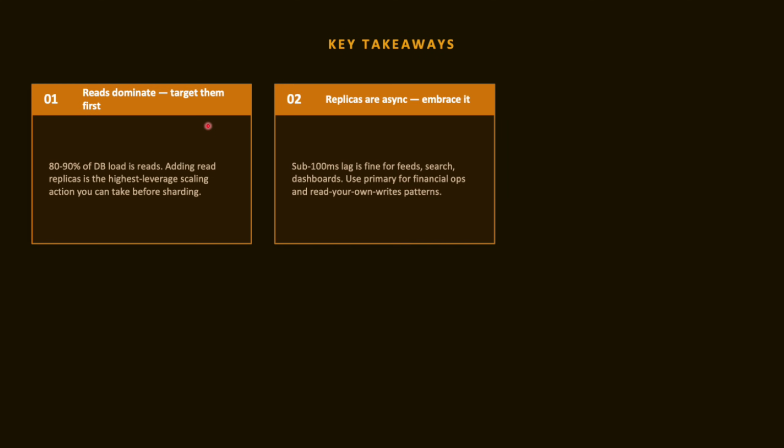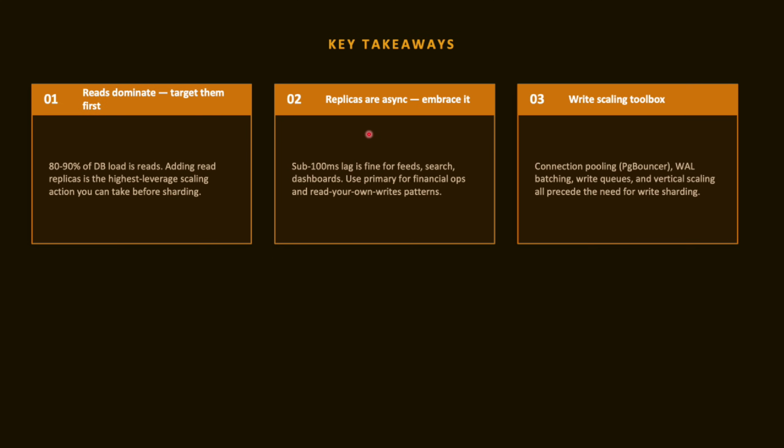Number 2, replicas are asynchronous, and that's okay. Sub 100 millisecond lag is imperceptible to users for most read operations. Reserve the primary for writes and strongly consistent reads only, and use the read your writes pattern for user facing operations.